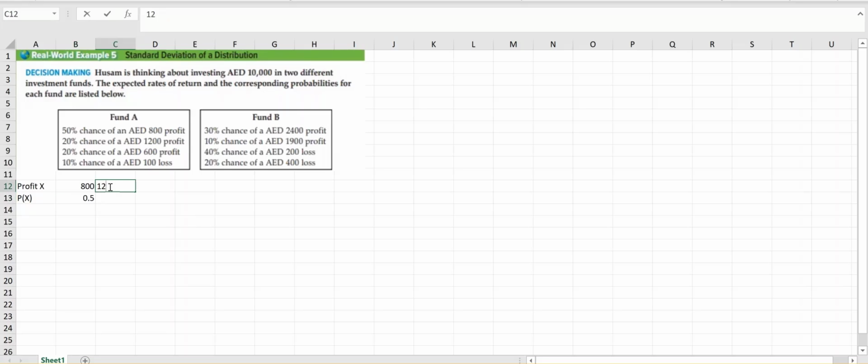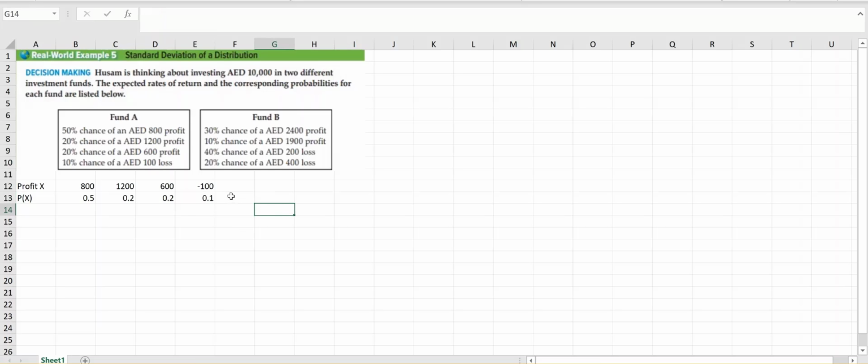Then we have 1200, which is 20%, so 0.20. And then we have 600, which is also 0.20. And then we have a 100 loss. When it's a loss, we have to put it in as a minus, so it's minus 100, and this is 0.1.